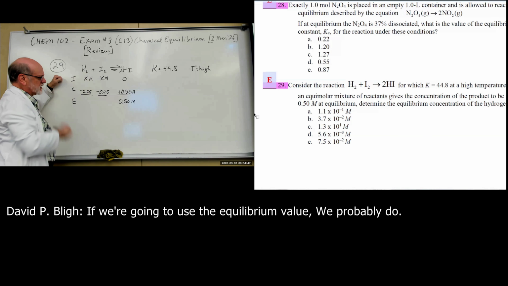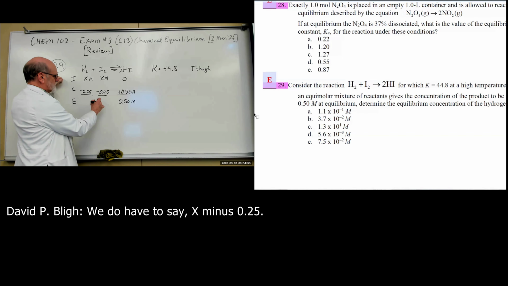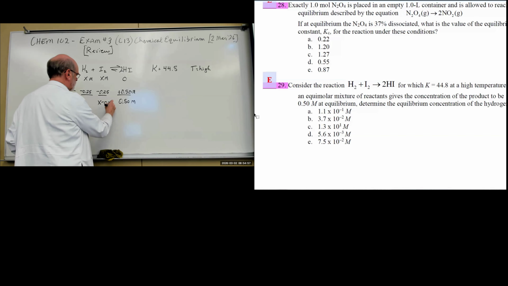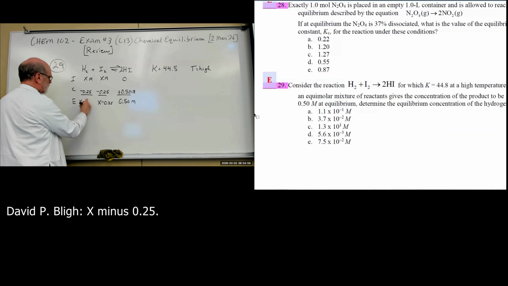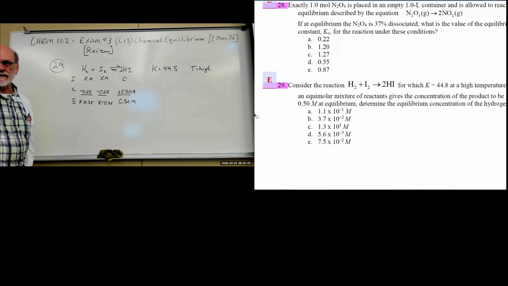If we're going to use the equilibrium value, we probably do. We do have to say x minus 0.25. Yeah, I don't see any way around that.